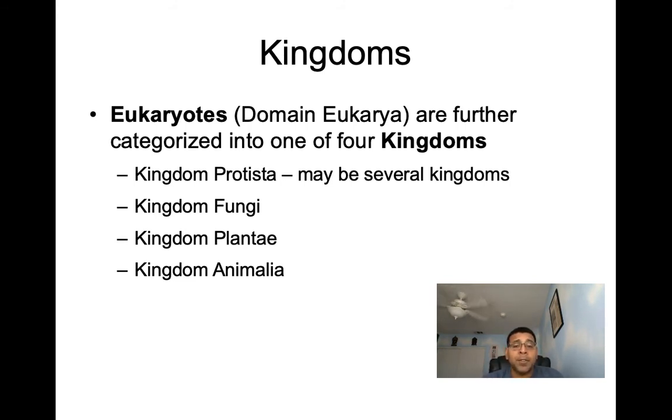The first kingdom we have is the kingdom Protista. This can be unicellular or multicellular organisms, and some can make their own food, which we call photosynthesizers, while others must ingest their food.